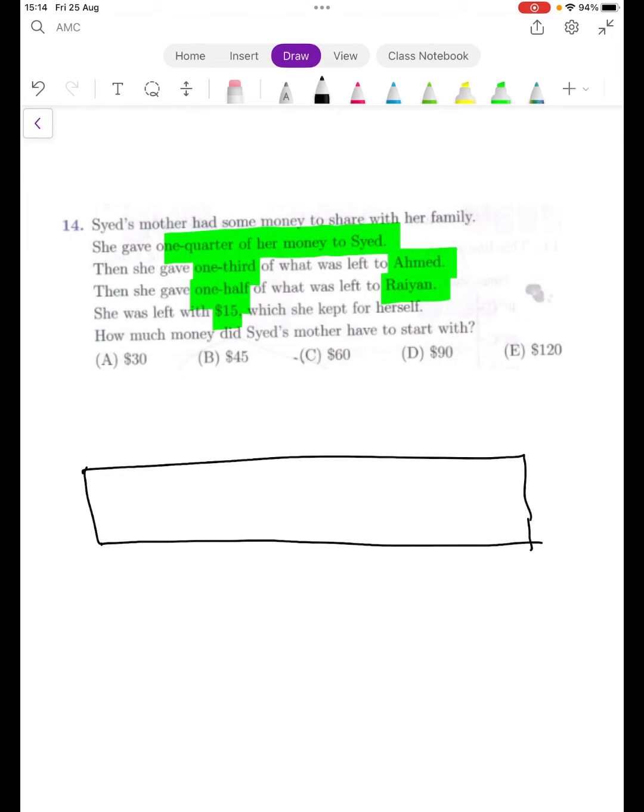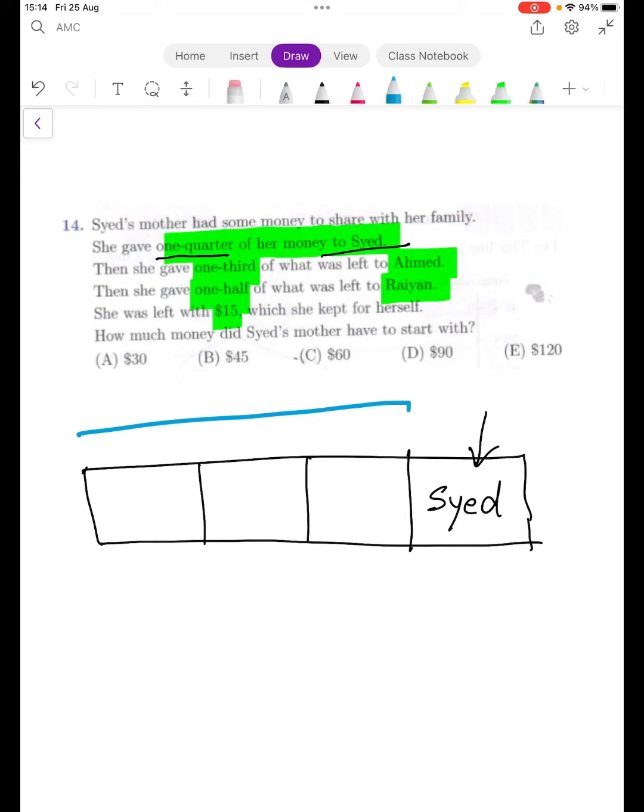So if this rectangle represents all the money that Syed's mother had at the beginning, we do not know how much money it is. We have to find out, but we know at the beginning she gives 1/4 to Syed. Let's make it quarters, 4 equal parts, and she gives one of these parts to Syed, and now she has this part left over. Now let's see what she does next.